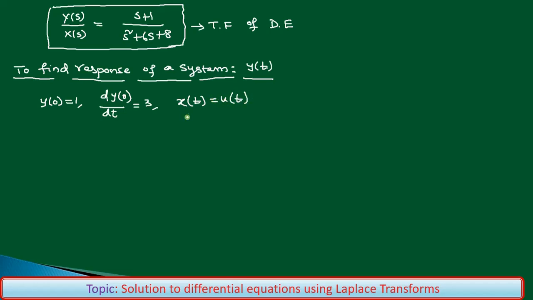So from this we write the corresponding Laplace domain x of s. The Laplace transform of x of t is x of s. Then the Laplace transform of u of t becomes 1 by s. So from this we can find the initial condition x of 0.